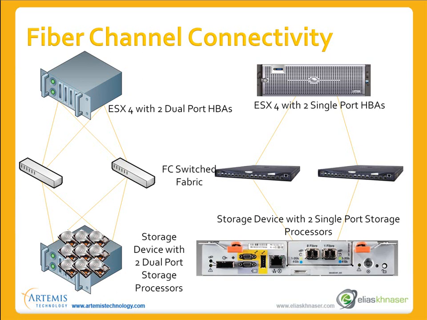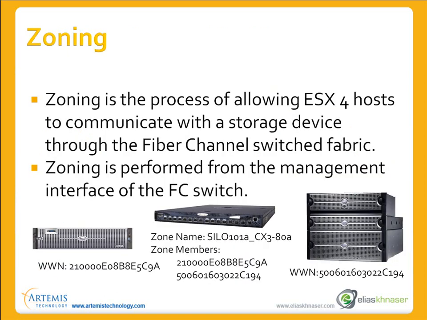Whereas on the left, since it's a dual port HBA, you can have redundancy to the same LUN via multiple paths, but you're saving PCI slots and you're also giving access to multiple LUNs at the same time. So whenever possible and whenever cost is not an issue, we strongly recommend you go with dual port HBAs. So moving on here, we're going to talk about zoning.